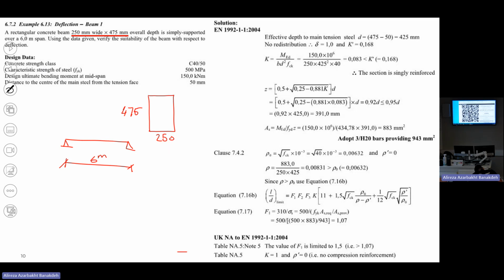Using the data given below: the concrete strength is fck 40, the characteristic steel strength fyk, and the design ultimate bending moment at mid-span is this one, and the distance to the center of the main steel is 50 millimeters, so it makes your life easier. You can straightforwardly get the effective depth, because it says not the cover only, but the cover plus half of the reinforcement diameter.